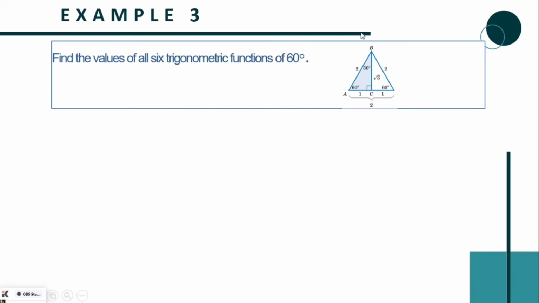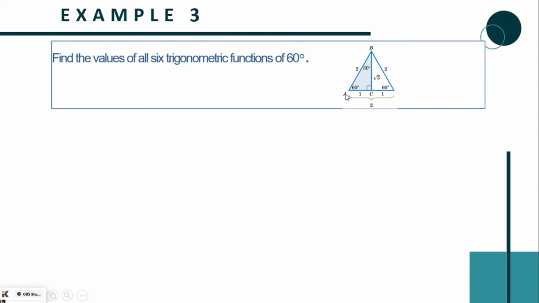And so if we draw an angle bisector here, we can create another triangle where one of the angles is 30, the other one is 60, and then the third angle is a right angle. So we have created triangle ABC, where the hypotenuse is 2, and then one of the sides is 1, since if we divide 2 by 2, we'll get 1.